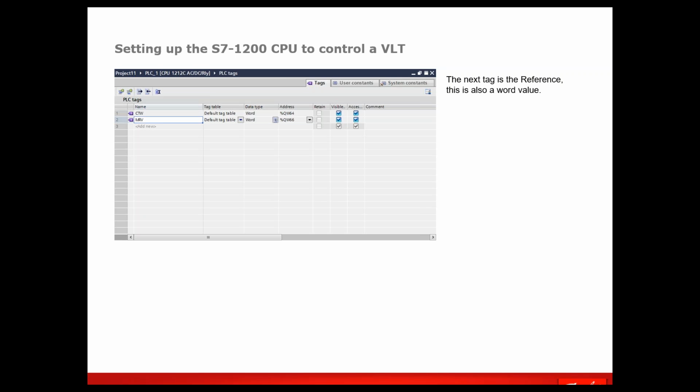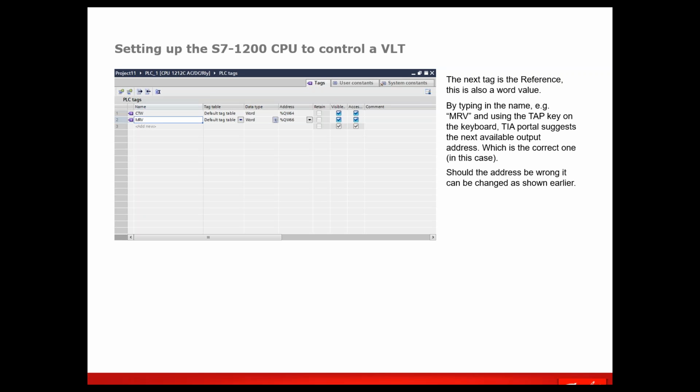So know that control word is byte 64 and 65, and then the main reference value is 66 and 67. Now the name here, you can name it how you want. We put CTW in this example and MRV. You can just call it control word straight out, or main reference value, or whatever you'd like. But later in the program, you'll have to use these names when you're writing it in your logic.